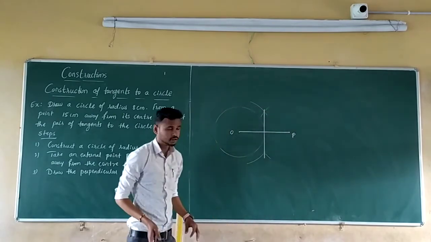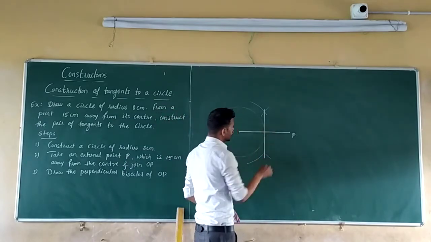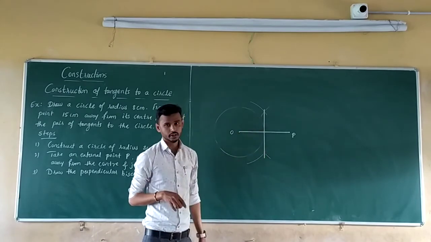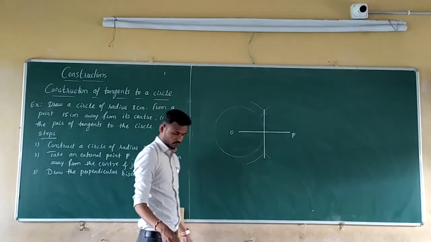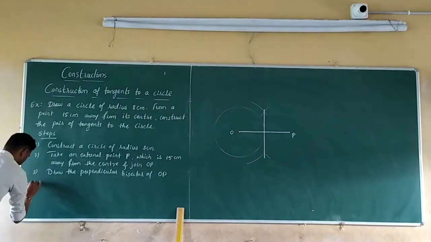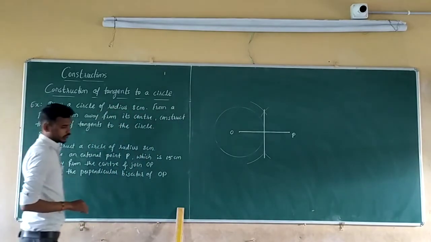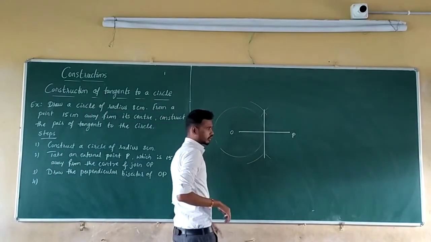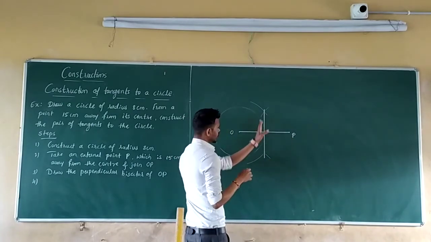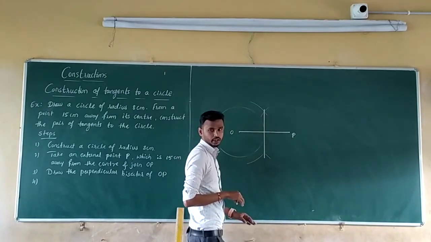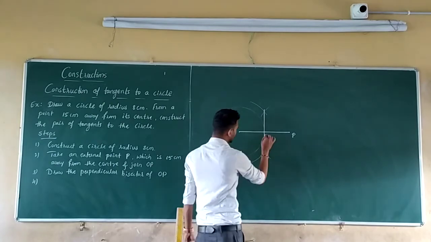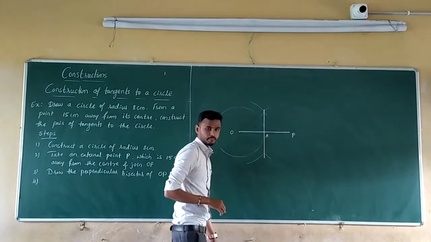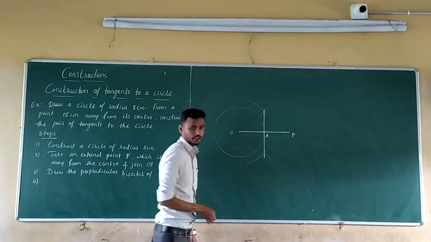So this is the perpendicular bisector of OP. Next, fourth step, take this point of intersection. It will come inside this circle because the total is 15 centimeter, and the perpendicular bisector means half of that. So let us take this point of intersection as point A.